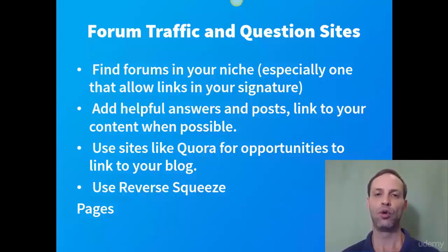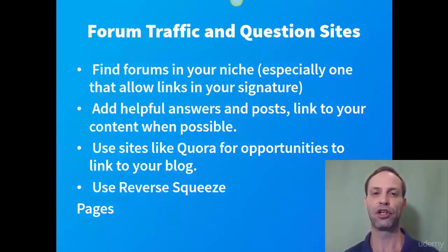When you use a forum for traffic, they usually don't like it. They almost always don't like it if you just make a post and say, hey, check out this, and then put a link straight to your squeeze page. It's much better if you find something that your blog post provides some helpful insights for.